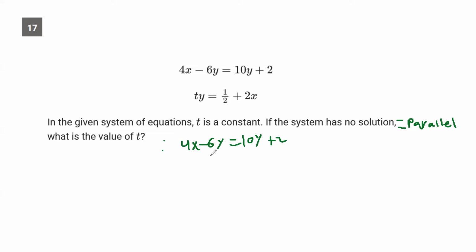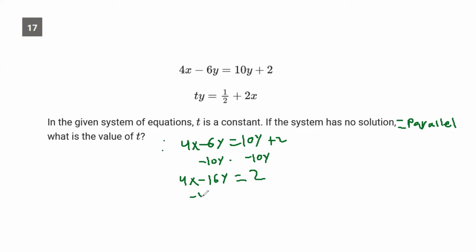Then I'm going to subtract 10y and then subtract 10y. Okay, so I have 4x minus 16y equals 2.